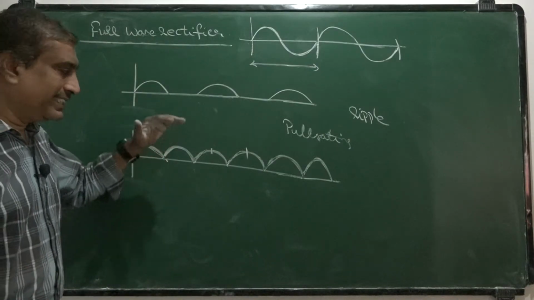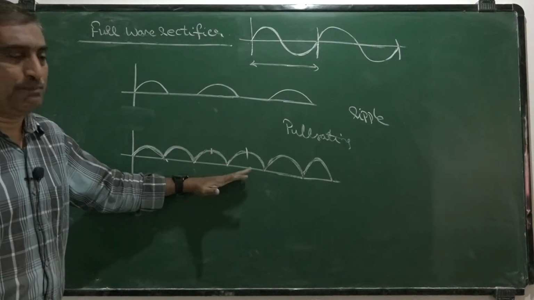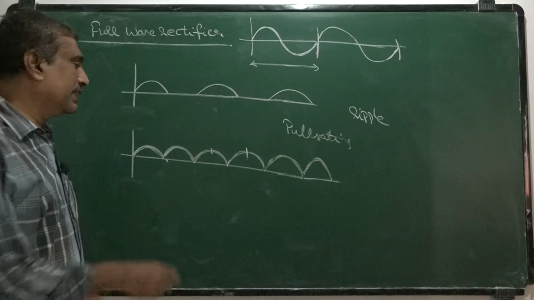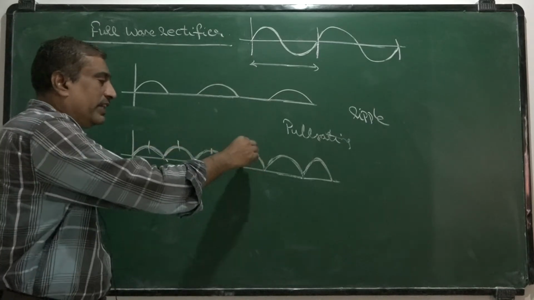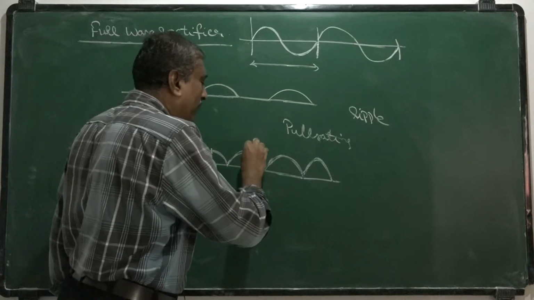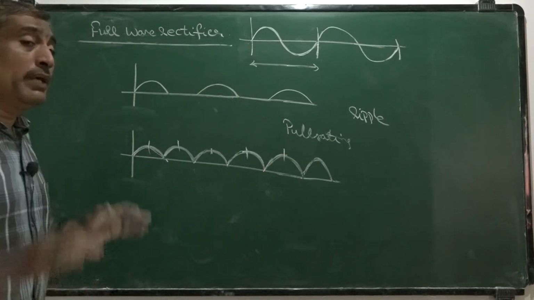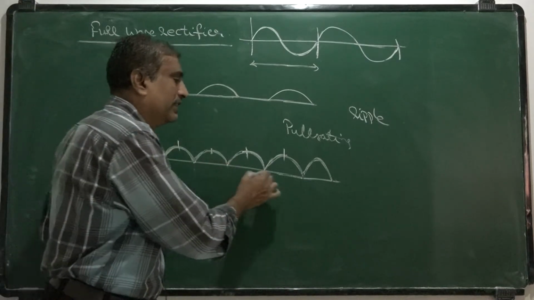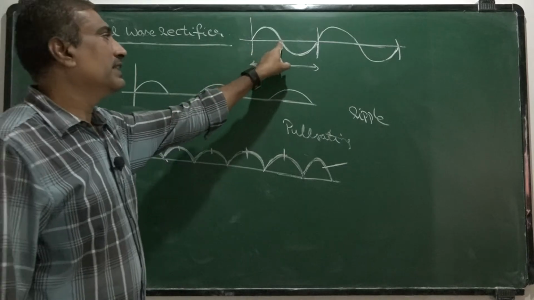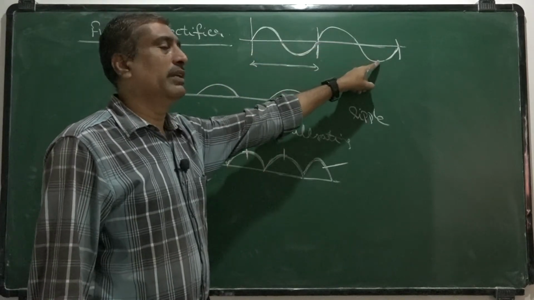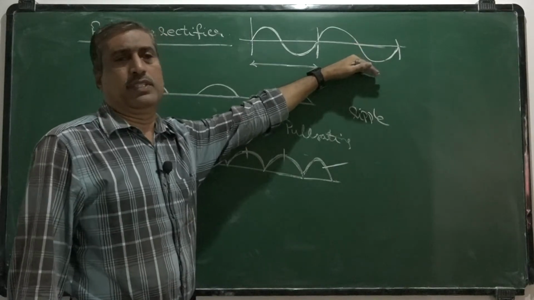That means this is DC only, but it is not pure DC, because there is a variation of voltage from a peak value to 0 and 0 to a peak value. But there are no negative values in this, that's why it is considered DC, whereas in the other there are alternating negative values, so that is taken as alternating current or AC.